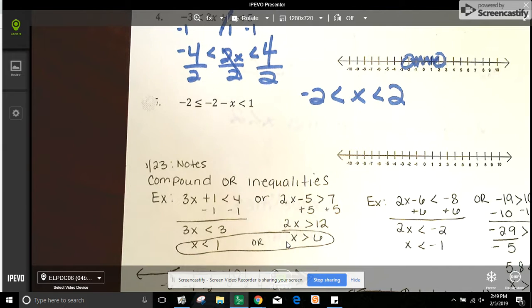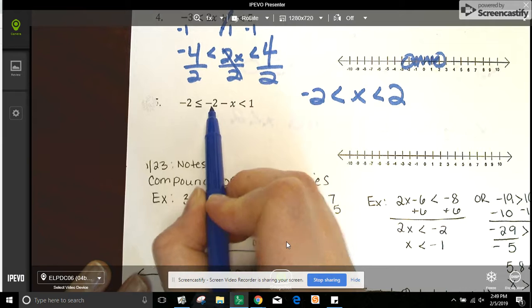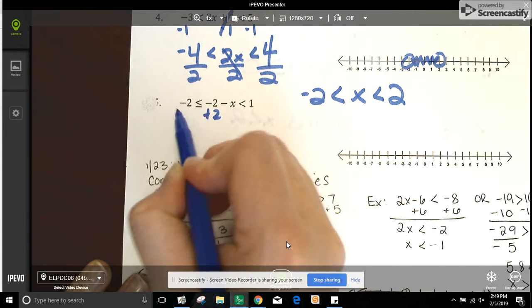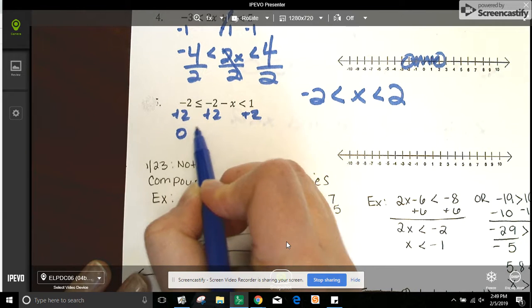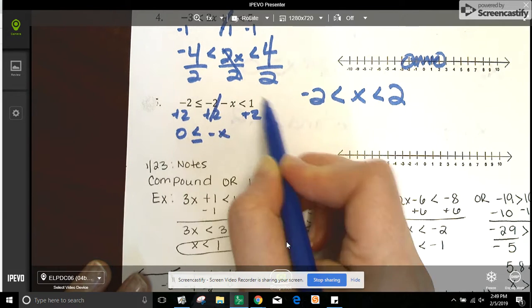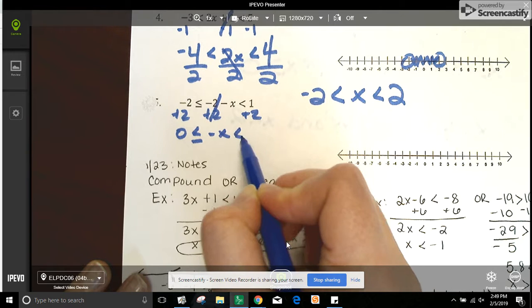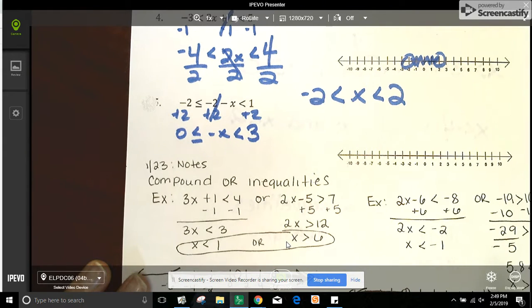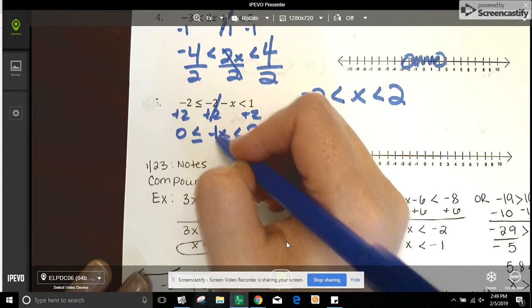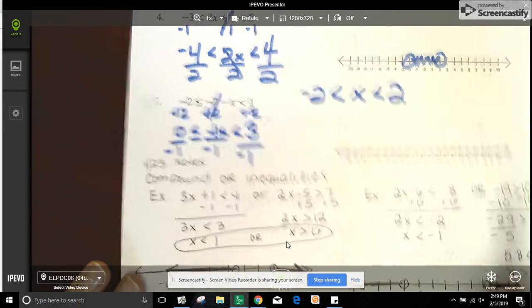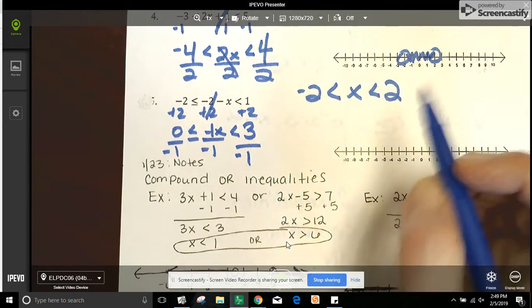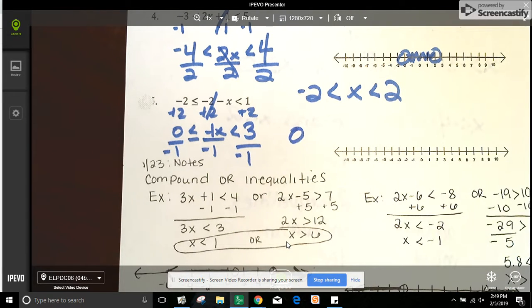Then the last one, get rid of this -2 first, so I would add 2. -2 plus 2 is 0. 1 plus 2 is 3. And then this is an assumed -1, so I have to divide everything by -1. 0 divided by anything is 0.